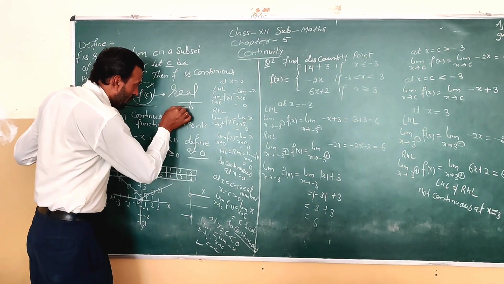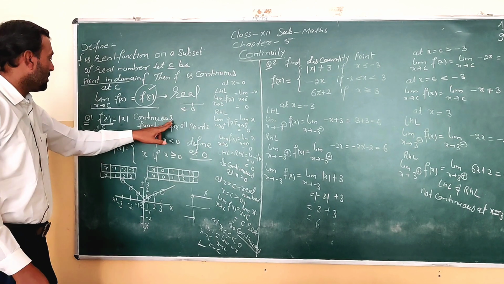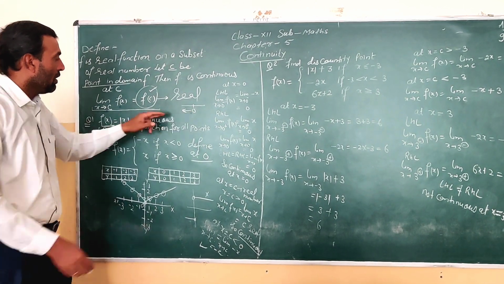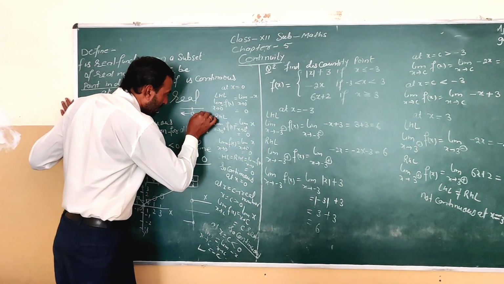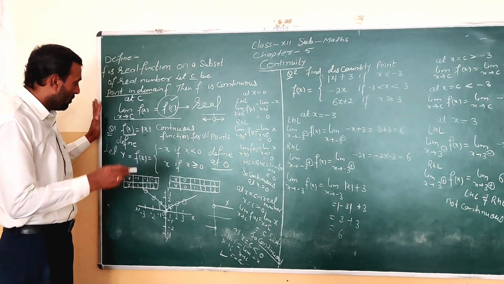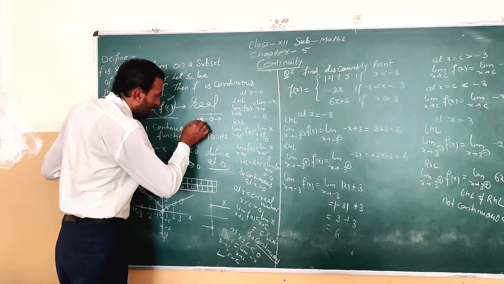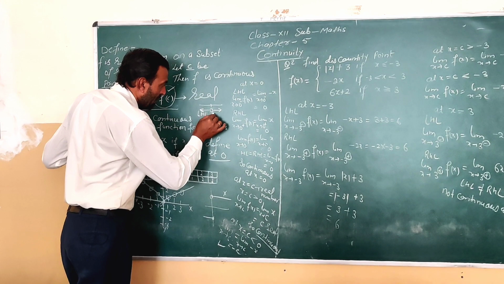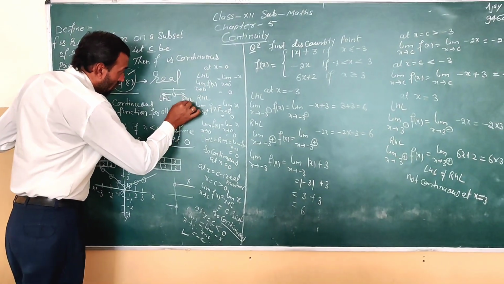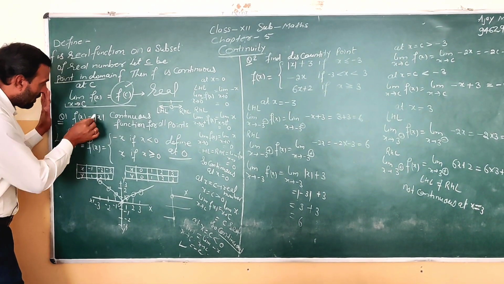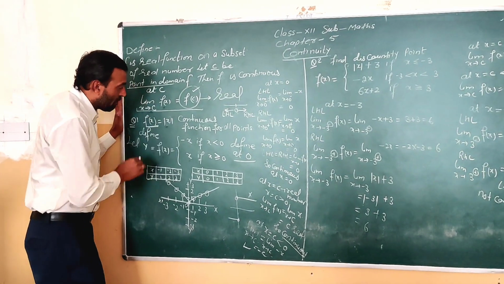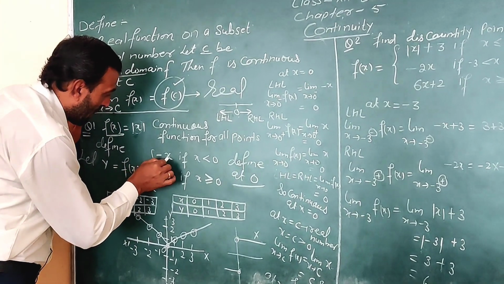If we are going to the left side, then the value is negative, and if we are going to the right side, the value is positive. So the function is defined by a left hand limit and a right hand limit. When we go into the left hand limit, x behaves like a negative, so we take minus x.